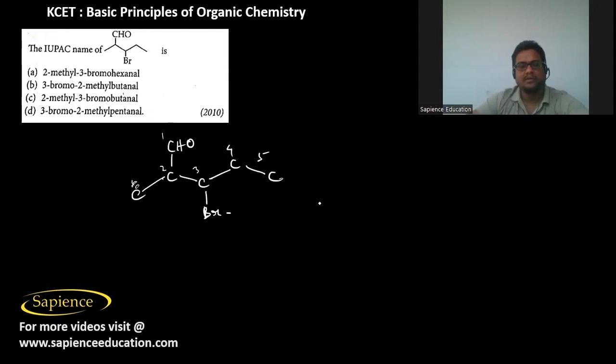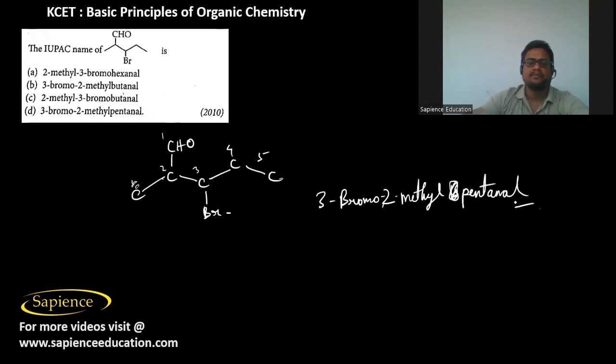So it will be 3 bromo, 2 methyl pentanal. Since we have aldehyde group, so 3 bromo, 2 methyl pentanal. So option D is the correct answer.